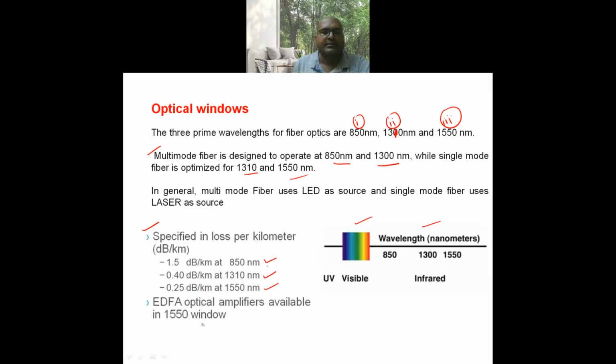You can observe the attenuation levels are decreasing when moving from first window to second window and from second to third window. The major advantage of the third window, once again I am repeating, is erbium doped optical fiber amplifiers are available in this particular window only.